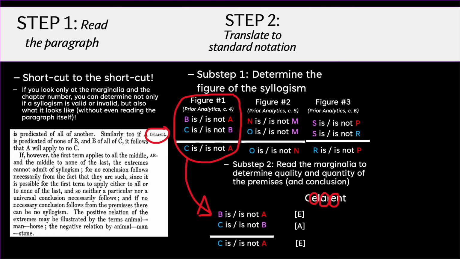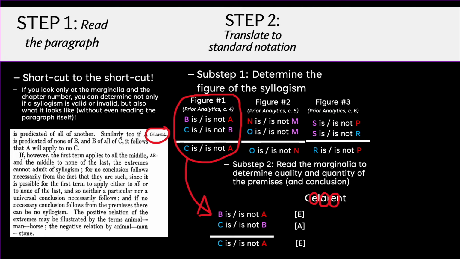The conclusion that follows necessarily from them through valid syllogism is an E proposition. So just by looking at the vowels contained in the name for the syllogism, we can tell that it goes in the following order. The major premise is an E proposition, the minor premise is an A proposition, and the conclusion is an E proposition.